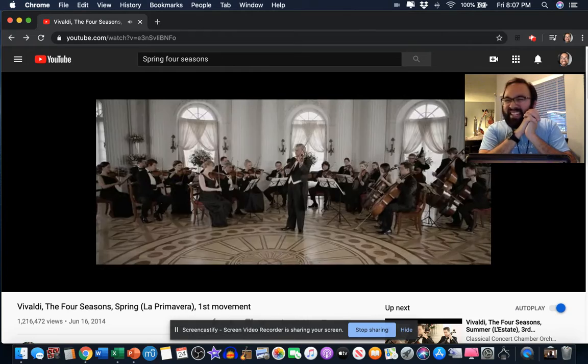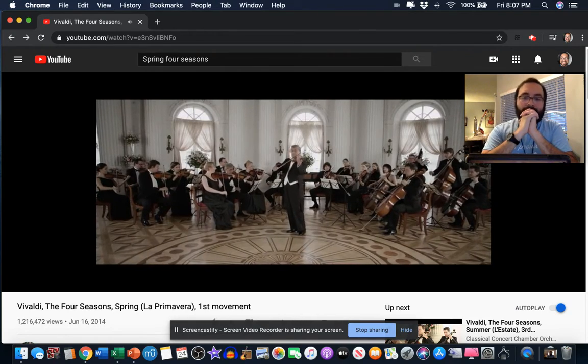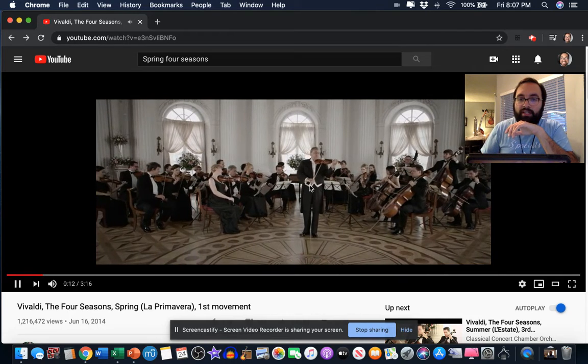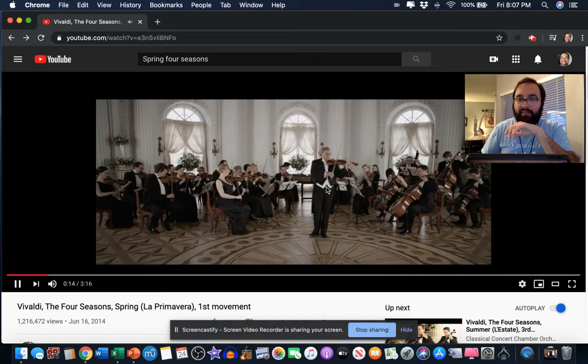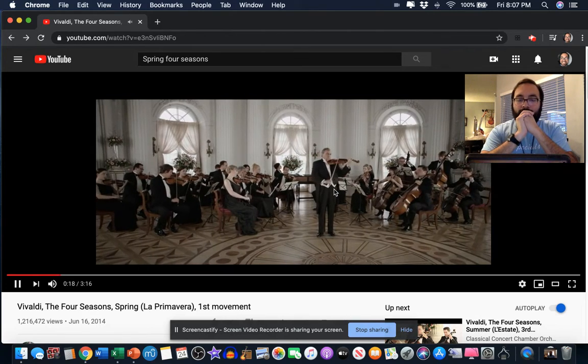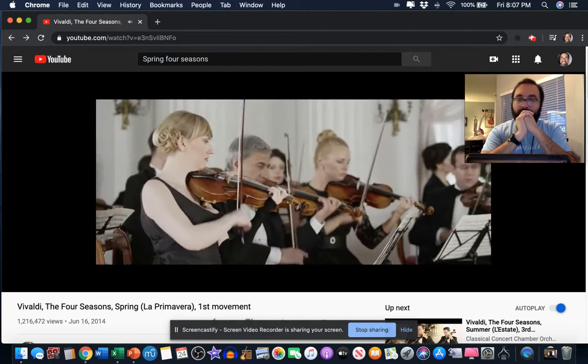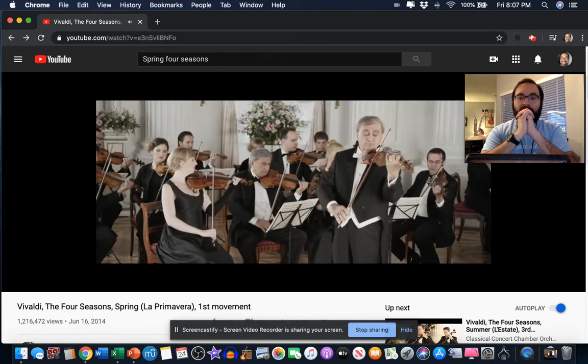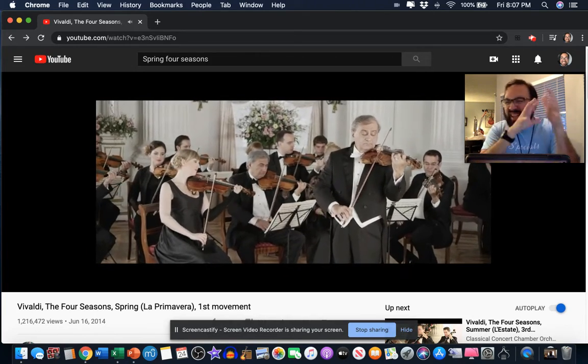Sounds fancy, doesn't it? There's our soloist playing the violin. He's the only one playing that part. Kind of sounds like you're at a fancy tea party.